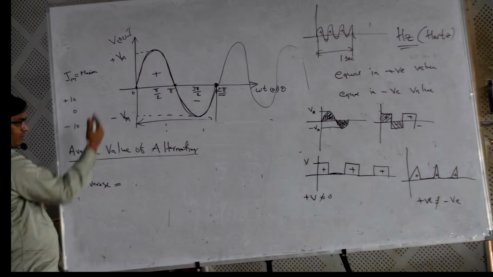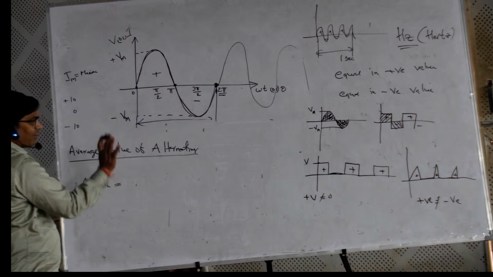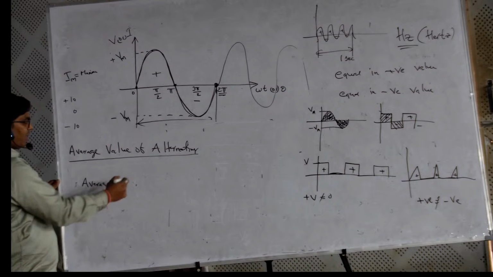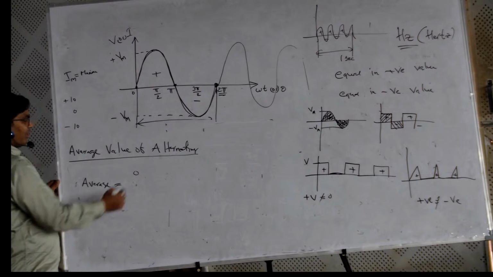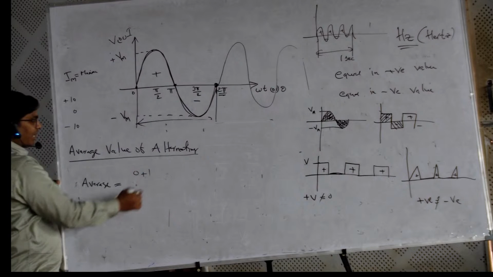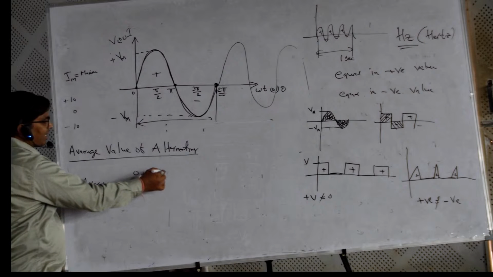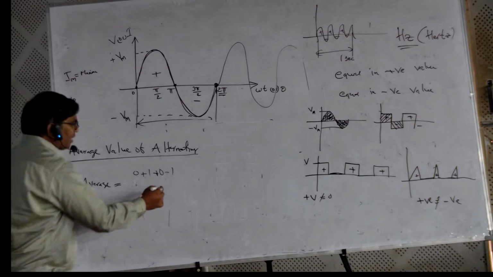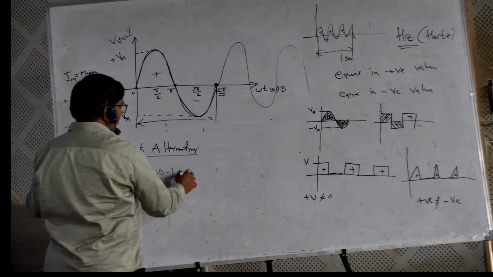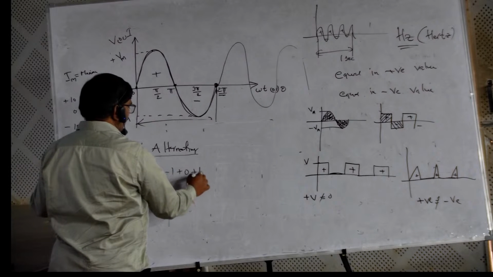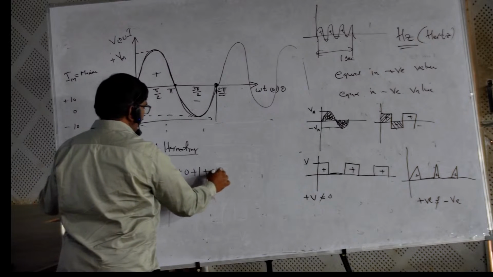Here see the observations, maybe you can write with respect to mathematics only. You can write 0, plus 1, 0, minus 1, and 0, plus 1, 0, minus 1.